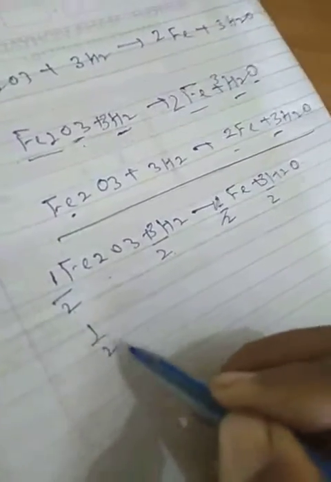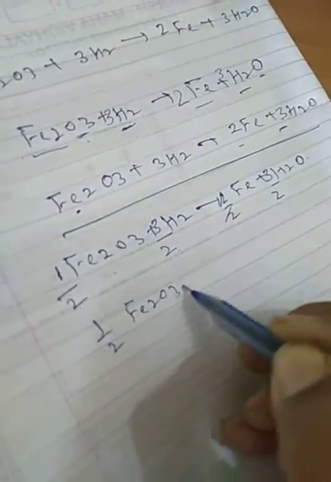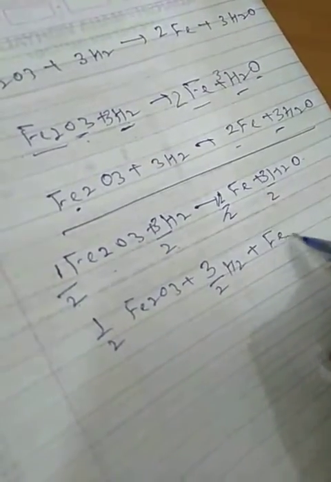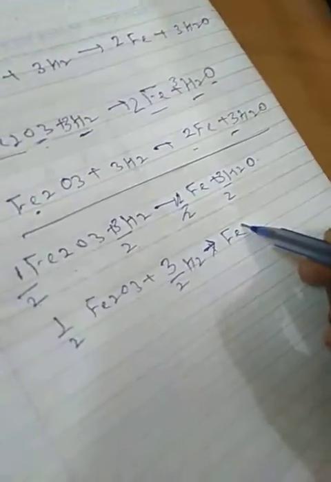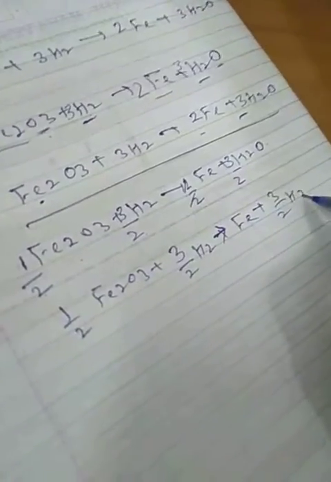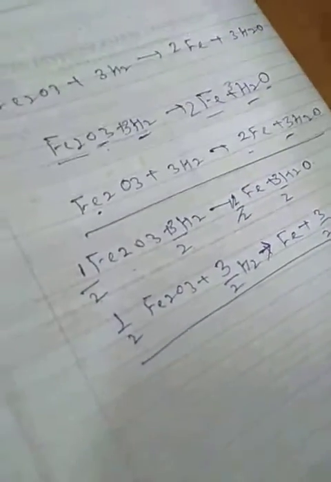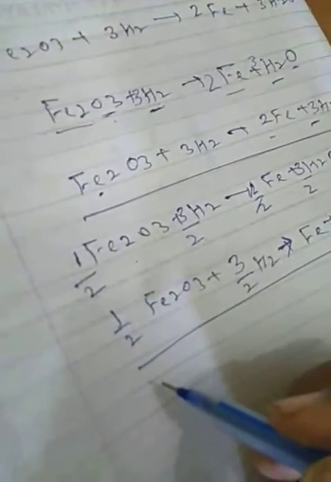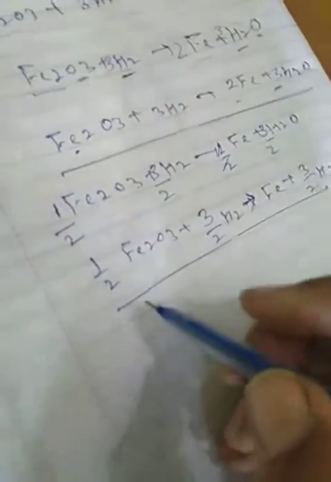Again you write the equation: half Fe2O3 plus 3 by 2 H2 gives, on the product side, Fe plus 3 by 2 H2O. Then this amount of reaction would be 1 mole of reaction.